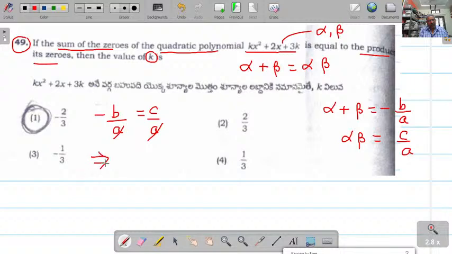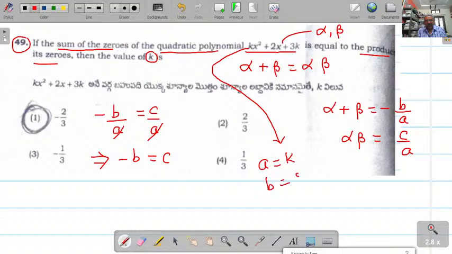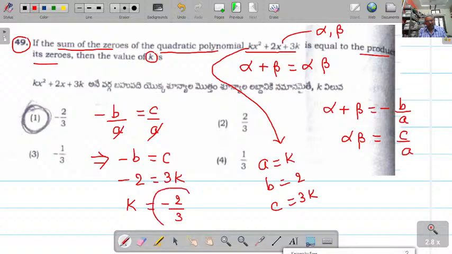A cancels, so negative b is equal to c. Comparing a x square plus b x plus c, a is equal to k, b is equal to 2, c is equal to 3k. Substituting, minus 2 is equal to 3k. So k equals minus 2 upon 3. Absolutely correct, Manikanta. Yes, the first option is the right option.